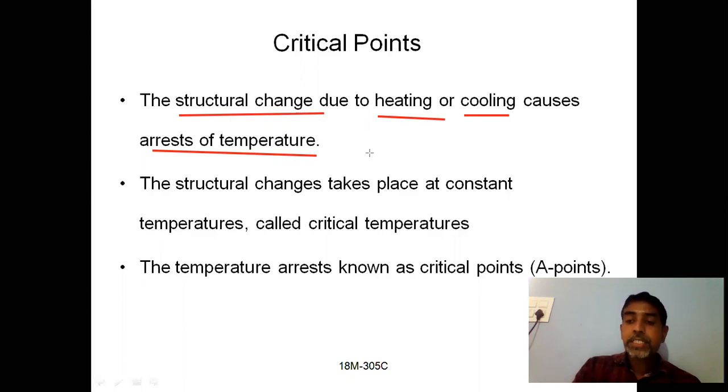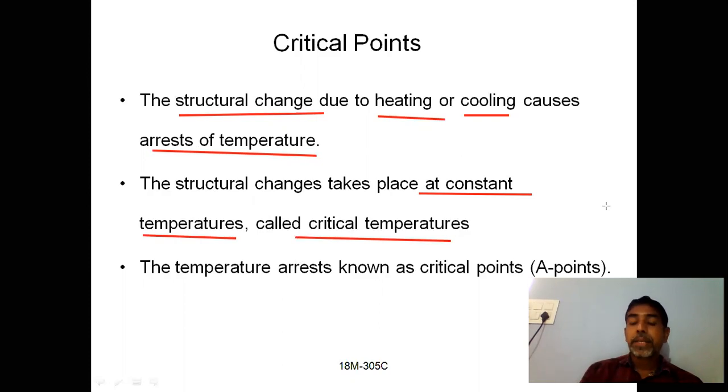When the structural change occurs, the temperature will not change at that point. The temperature is arrested, that means it is constant. So the structural change takes place at constant temperature, and that temperature is known as the critical temperature.